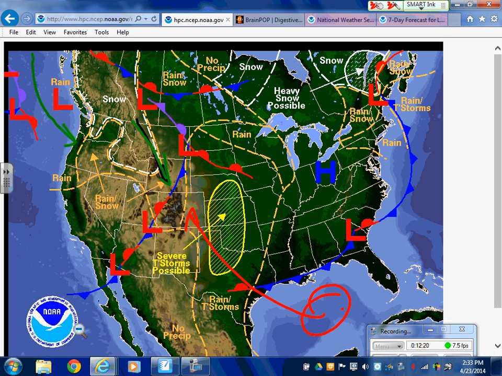And this is why we get tornadoes in the summer, because we get these warm, wet air masses from the Gulf of Mexico coming up this way, and we get cold, dry air masses coming down this way, and they meet here, and we get cyclones and things like that forming. But that's what's next. The air masses are very logical, and when they run into each other is when we get weather.